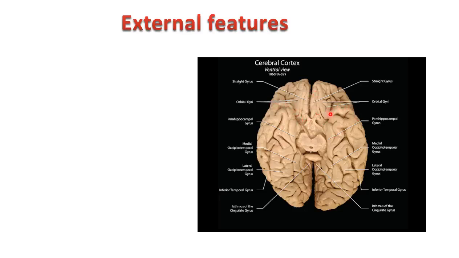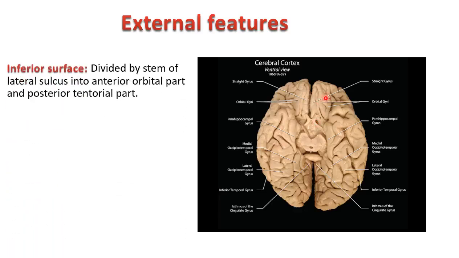We will come to the lateral sulcus and the different sulci and gyri shortly, but just remember the lateral sulcus divides the inferior surface into the small orbital part, because this surface lies on the roof of the orbit, and the posterior part is the tentorial part, because it rests on top of the tentorium cerebelli, a dural fold. So naturally the supratentorial compartment lodges the tentorial surface of the inferior surface of the cerebral hemisphere.